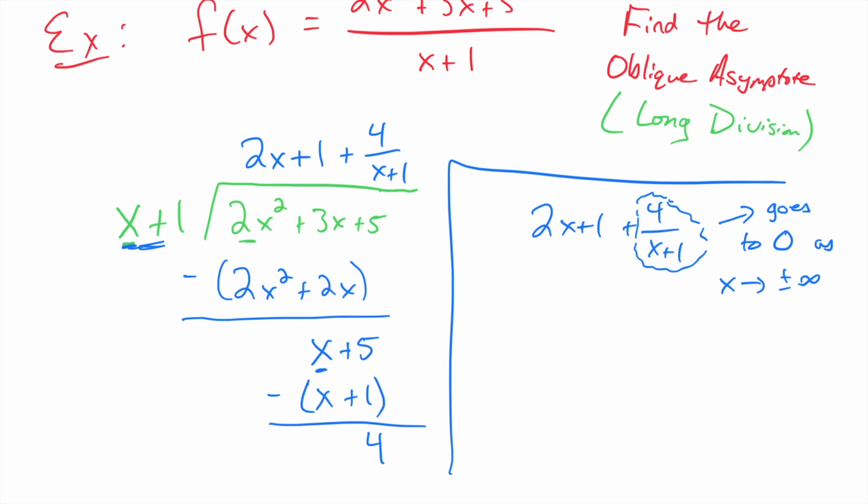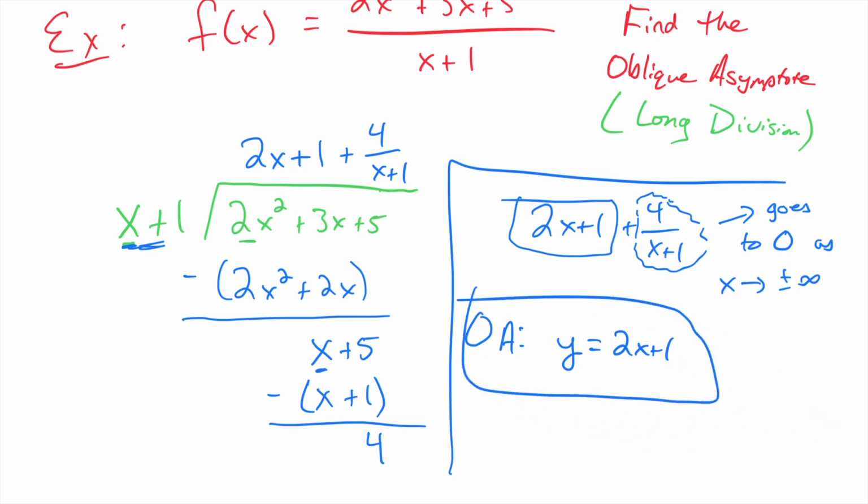Because of that, our oblique asymptote will always be just this part of your quotient. Your oblique asymptote will never have a remainder in it. So our oblique asymptote will be y is equal to 2x plus 1. I hope that helps you understand a little bit about oblique asymptotes and how to find them.